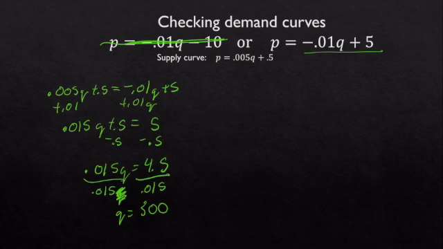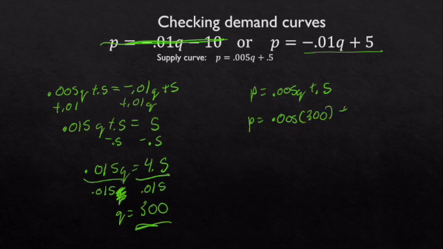That seems like a good quantity, right? Well, first thing I need to do is check it back in to either of these equations in order to check the price. So p equals 0.005q plus 0.5. So if I have p equals 0.005 times my q, which is 300, remember we're substituting in order to solve for p, I get p equals 1.5 plus 0.5.